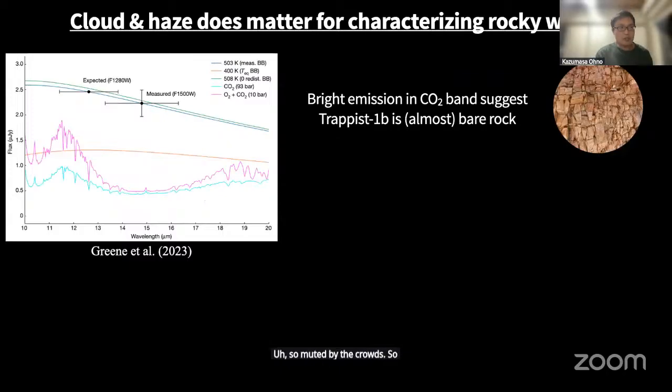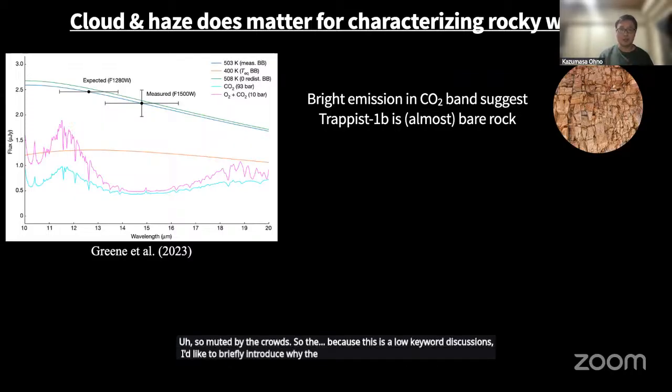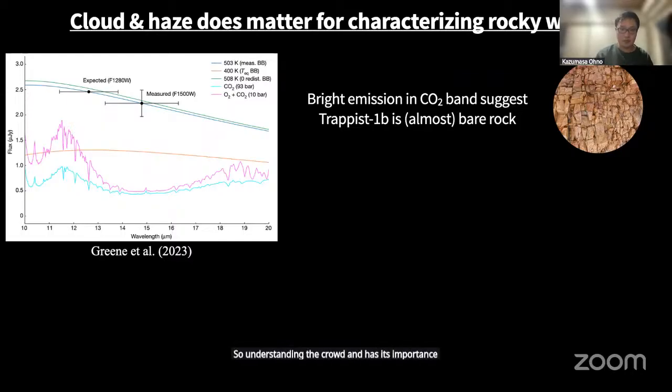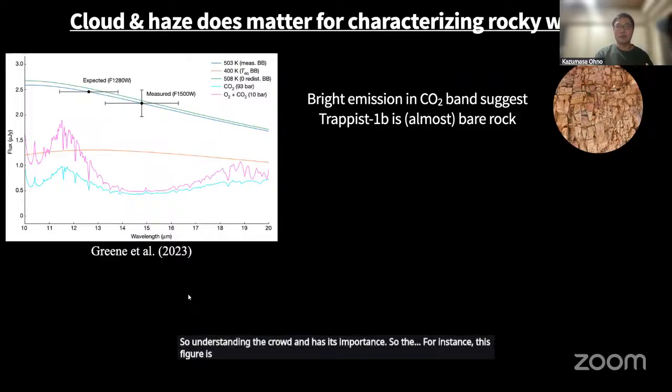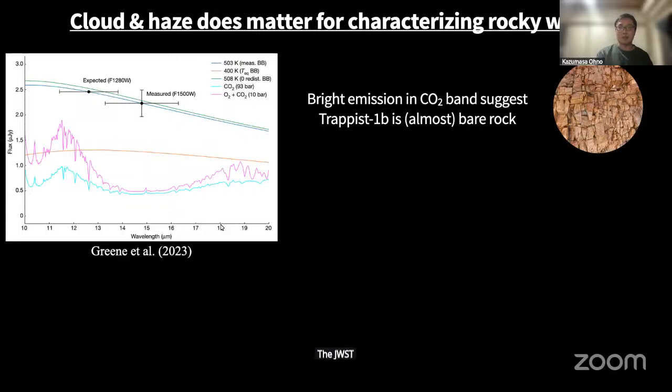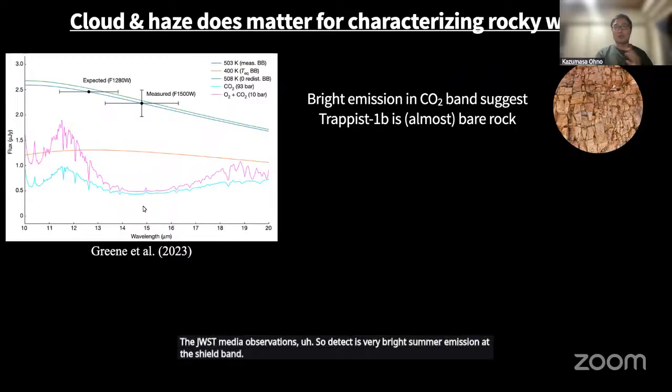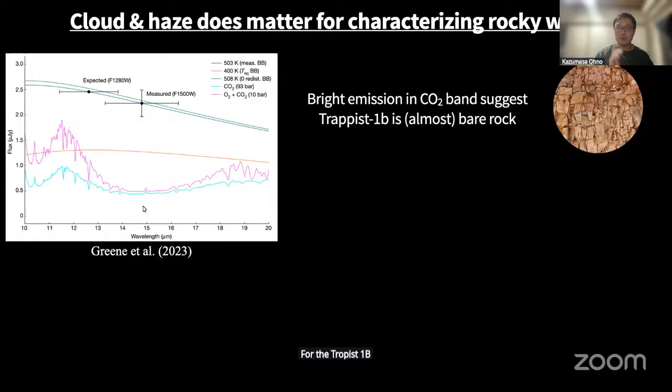Because this is a low-key world discussion, I would like to briefly introduce why clouds and hazes matter. Understanding clouds and hazes is important. For instance, this figure is a famous one, where JWST mid-infrared observations detected very bright thermal emission in the CO2 band for TRAPPIST-1b, the very famous rocky planet.